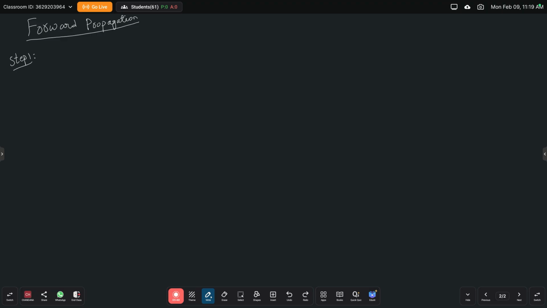Step 1: calculate input and output in the input layer.